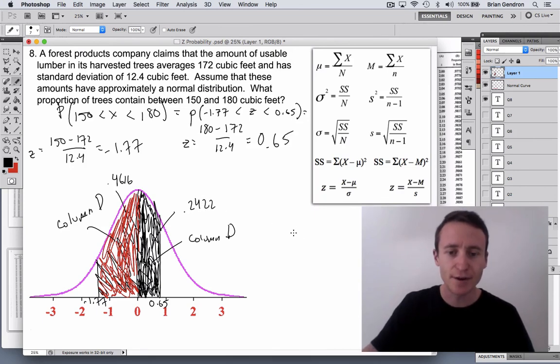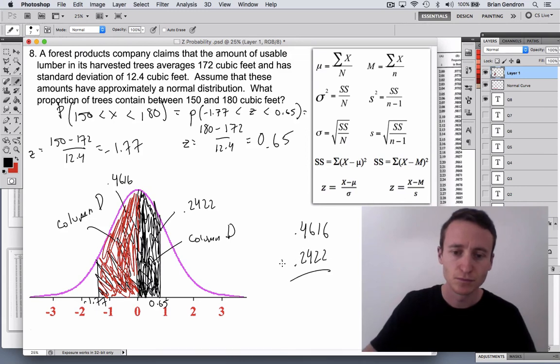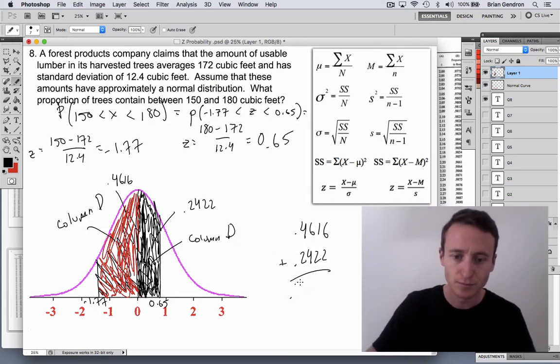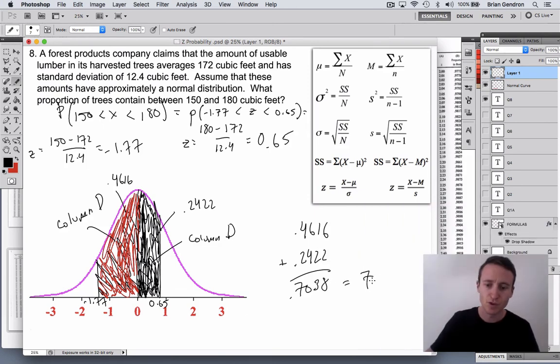So let's add them together. 0.7038, which is 70.38%.